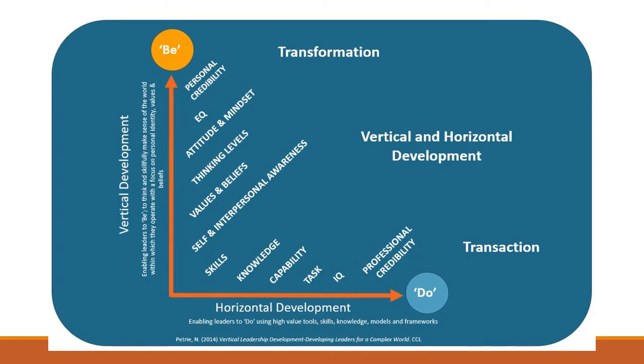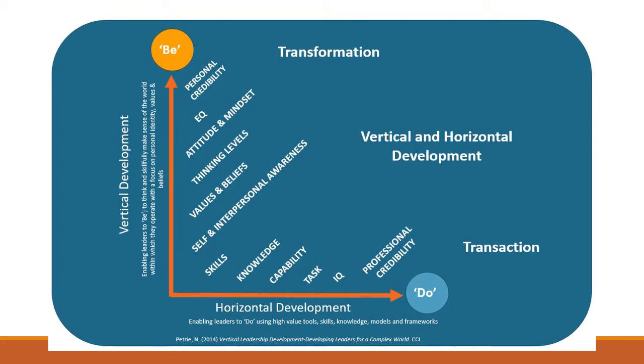In this diagram, you can see the horizontal development and the vertical development of a leader. If we follow these two development directions, it will cause transformation to the leader, to the person.